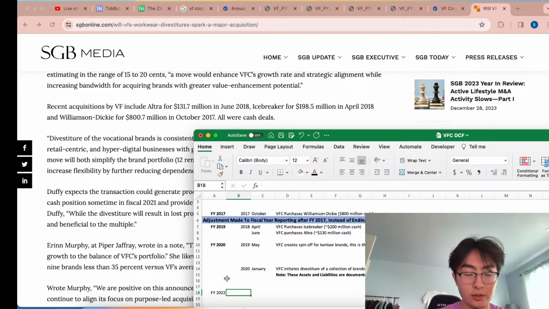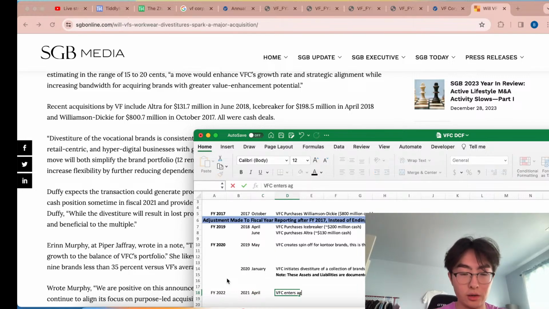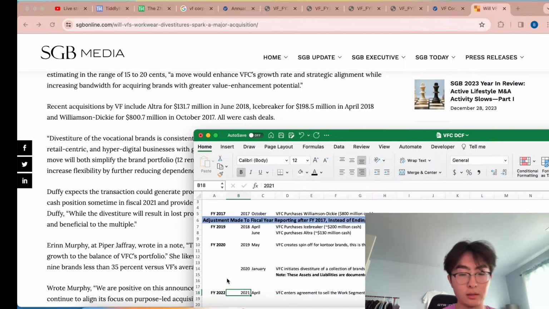So I think the year's 2021. April, we have April, VFC enters agreement to sell the work segment to Redwood Capital. Okay.